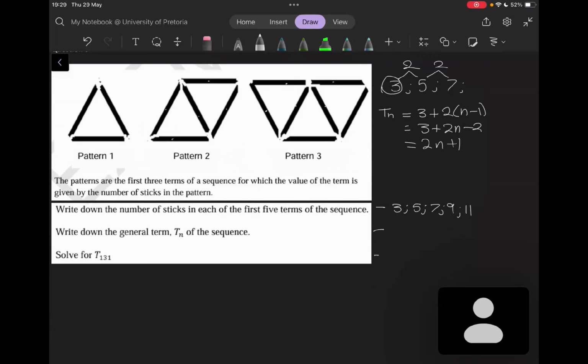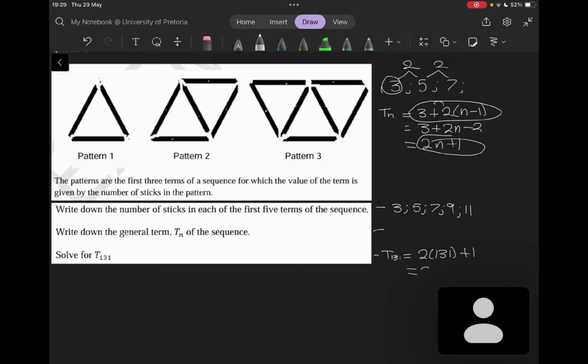Right, so the general term, we did work it out at the top. You can write this over there, or you can write this. It's the same thing, guys. If you're solving for the term at 131, all you have to do is substitute 131 in place of n. You then end up with T131 is equal to 2 times 131 plus 1.